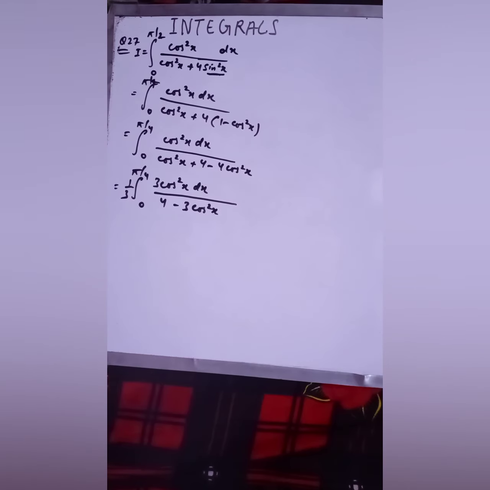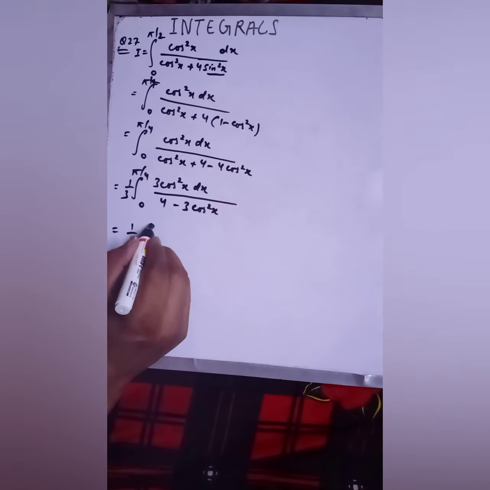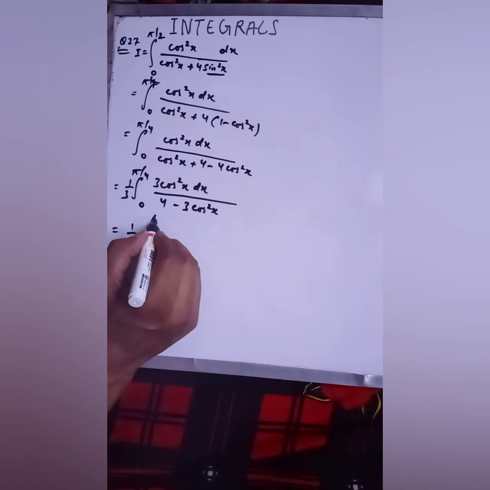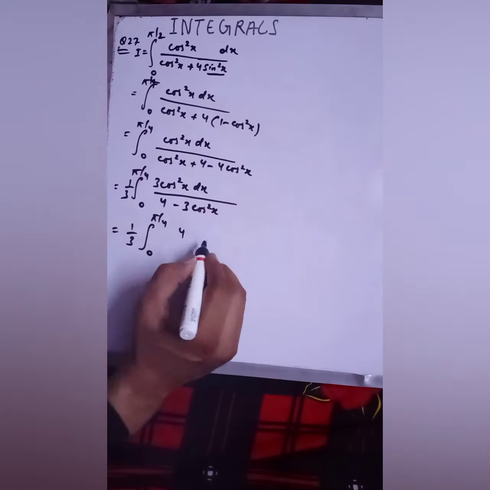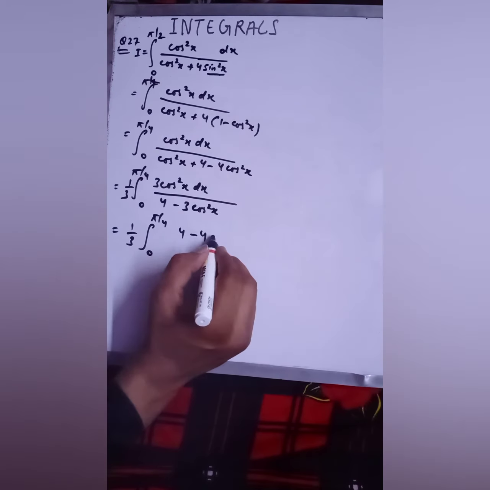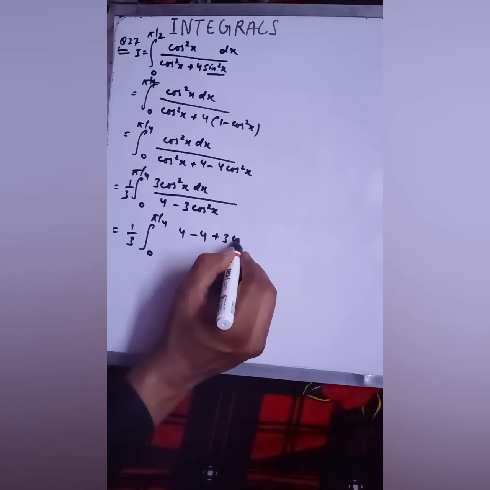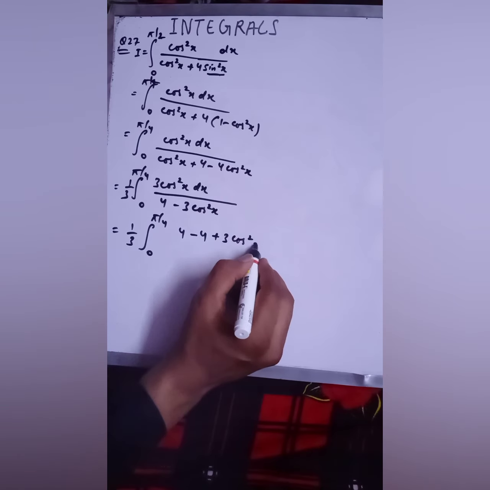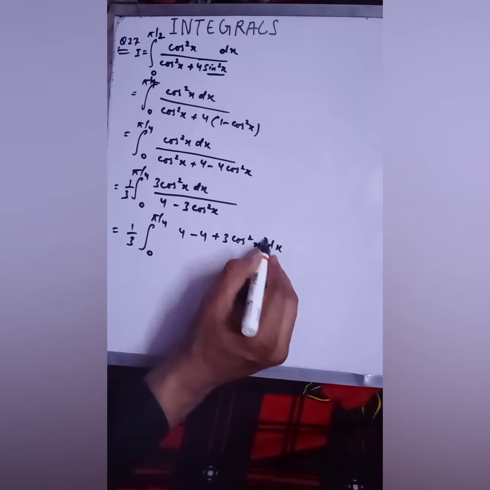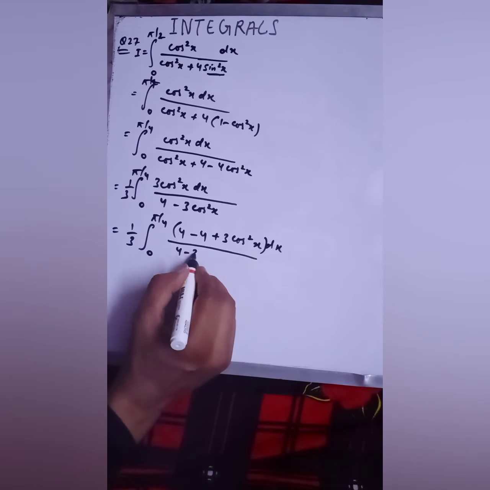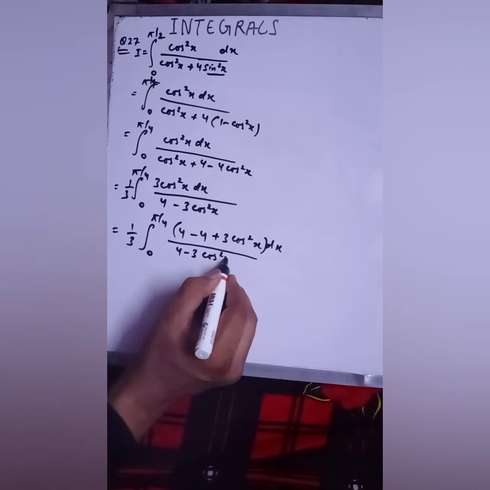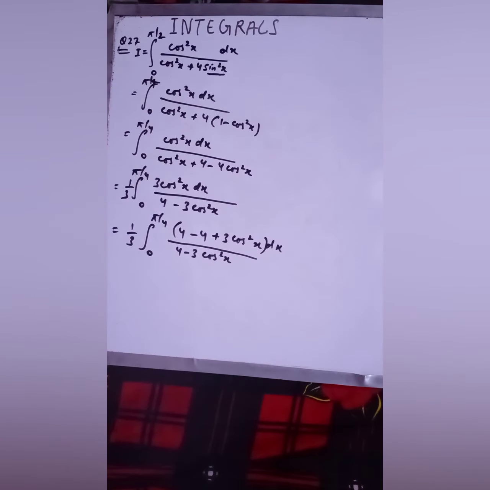Okay, in the next step what I am doing, 0 to pi by 4, here I am adding 4. Okay, or I am subtracting 4 also, plus 3 cos square x into dx over 4 minus 3 cos square x.